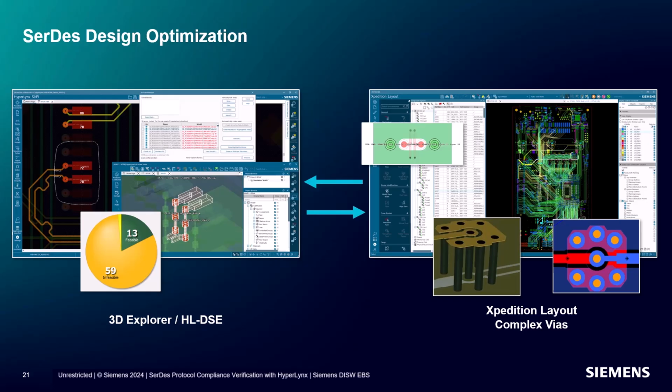Hyperlynx's DSE is based on Siemens HEEDS technology, which efficiently searches and characterizes very large design spaces to perform fully automated multi-objective optimization on 3D structures such as complex vias. Hyperlynx's integration with Expedition means that an optimized structure can be easily sent to Expedition and repeated throughout the design.